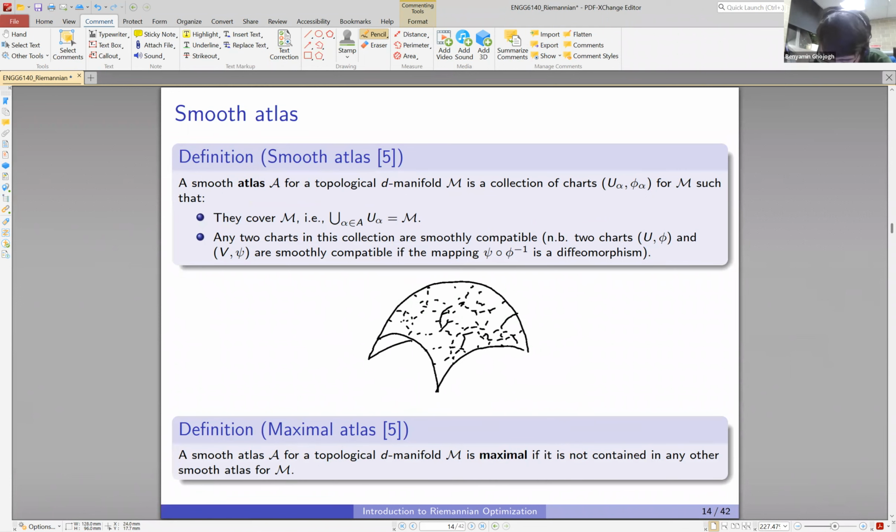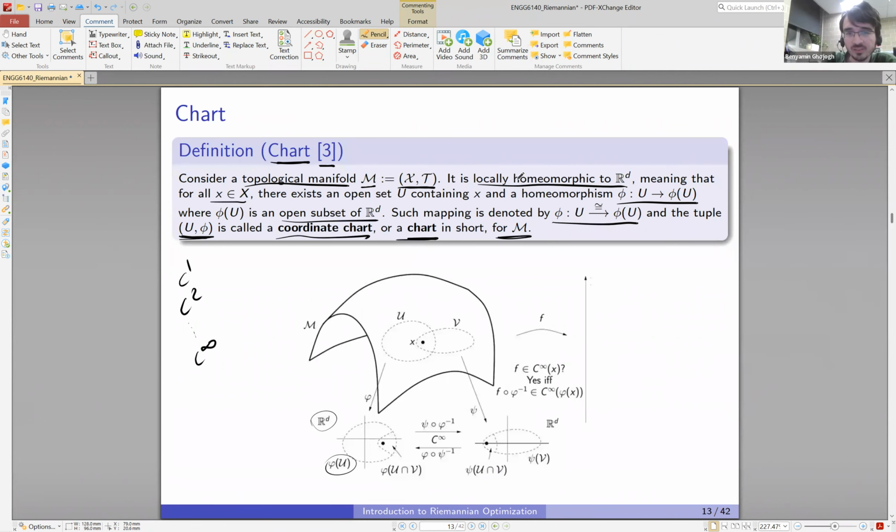Smooth atlas, reference 5. A smooth atlas A for a topological D manifold M, so a manifold which is locally D-dimensional, is a collection of charts, U alpha, phi alpha, for manifold M. Do you remember I said we have many charts?